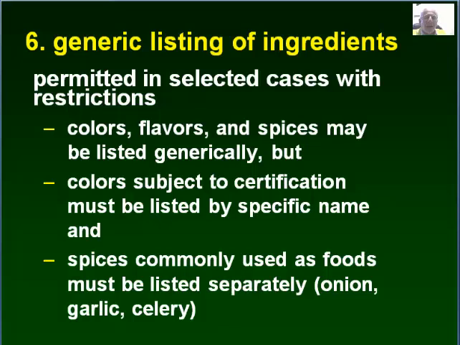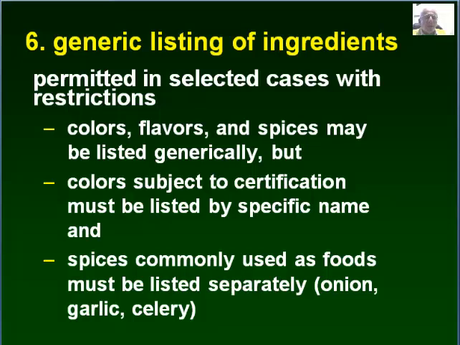When we're talking about colors here, we're talking about those colors that would be part of 21 CFR Part 73, from more natural sources, such as beet juice, or blueberry anthocyanins, blueberry juice as an example. Any spices, though, that are commonly used as foods, not just as spices, must be listed separately.